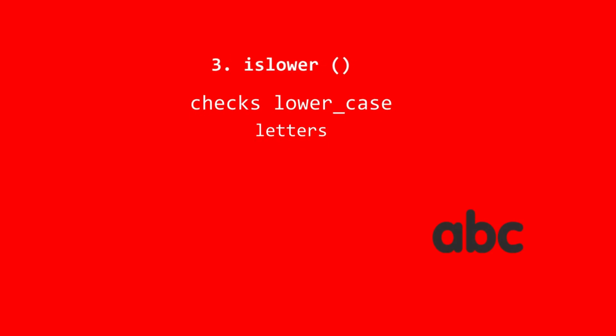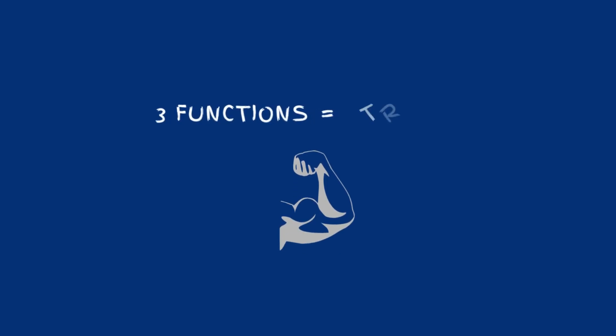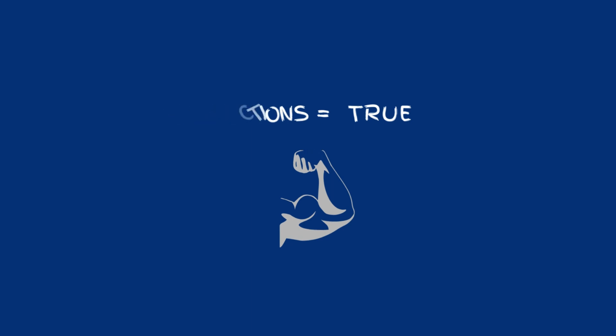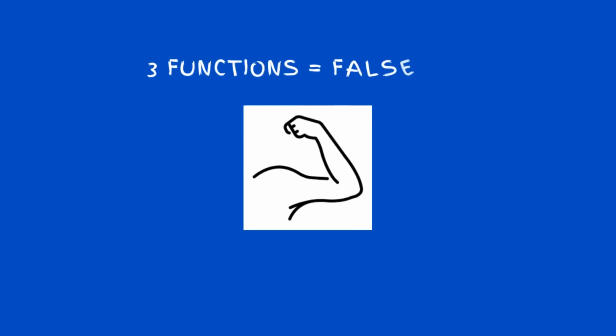And the last one is the isLower function. The isLower function, just like isUpper, checks if there is any lowercase letter in the password. And as I said before, if all of the three functions return true, then the password will be considered a strong password, otherwise it will be considered a weak password.